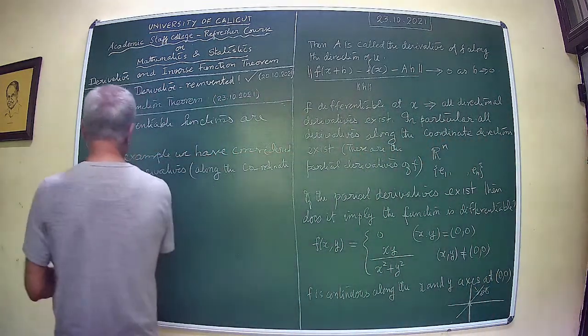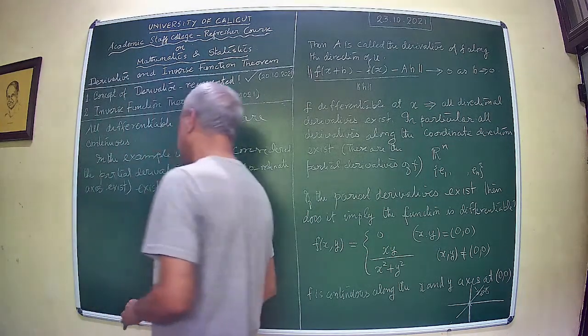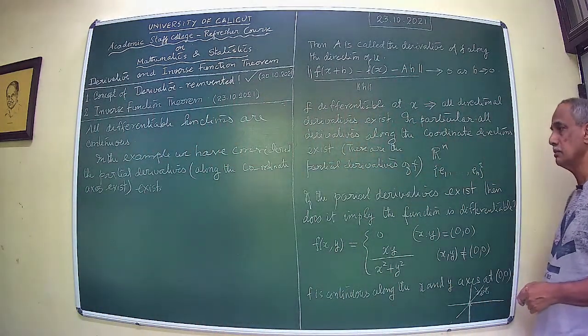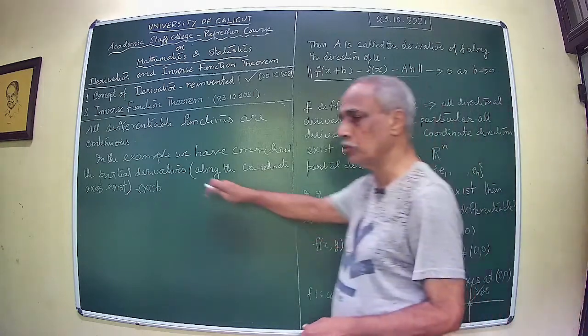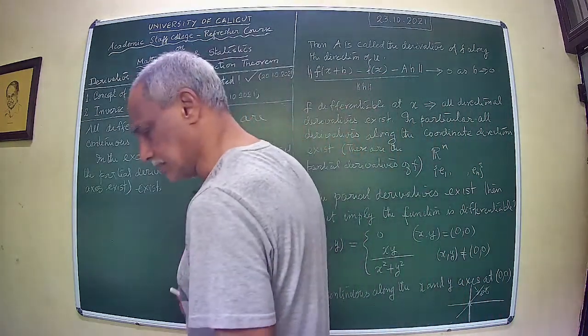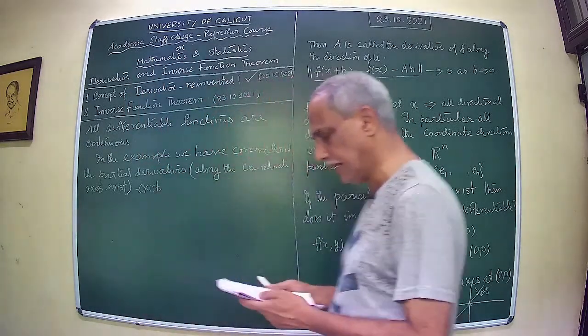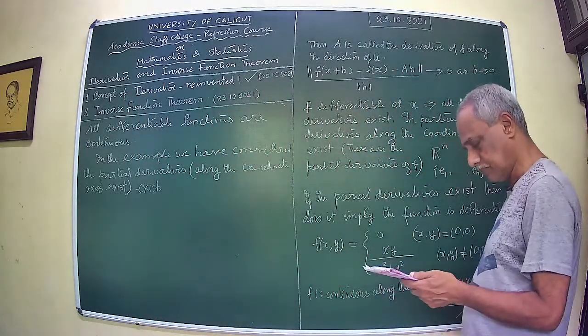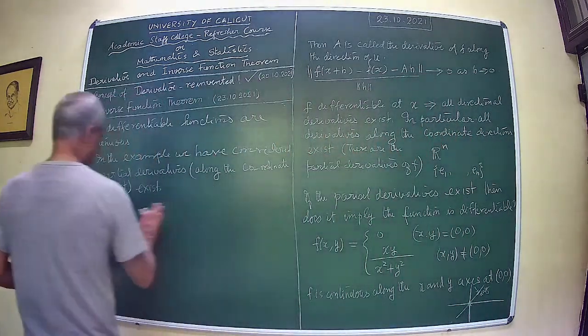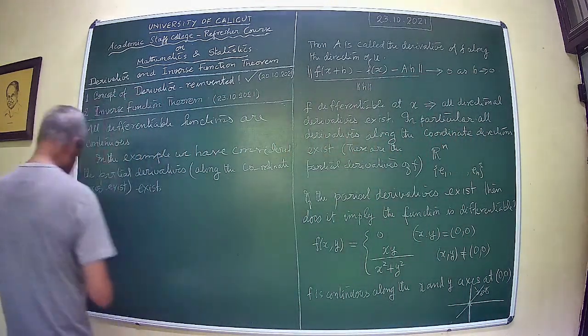So, the function is not differentiable, but I will supply the supporting inequality soon, because we have to do something like the mean value theorem. So, this is the theorem.